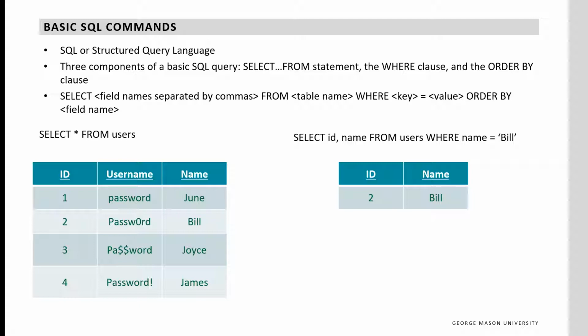It gives some very specific commands to pull back this information, and you have just one record that meets that criteria, and that is the unique ID 2 and the name Bill. I wouldn't use the order by statement in this query because there's only one field, but the order by clause definitely helps when you're looking at a lot of information to organize it and help interpret it.